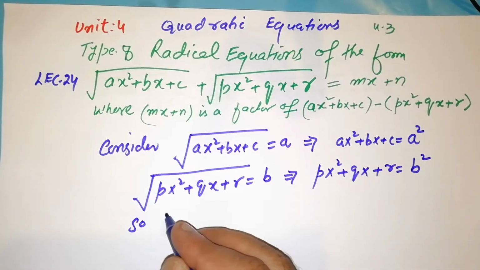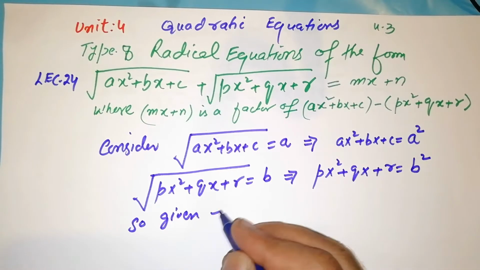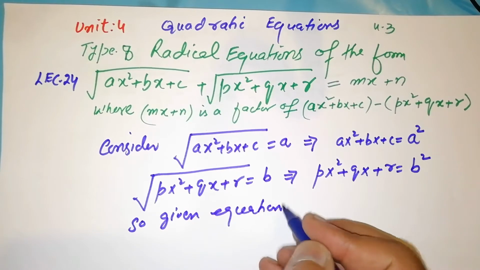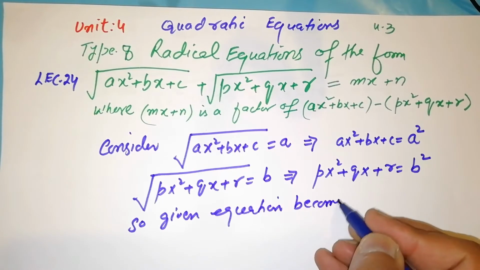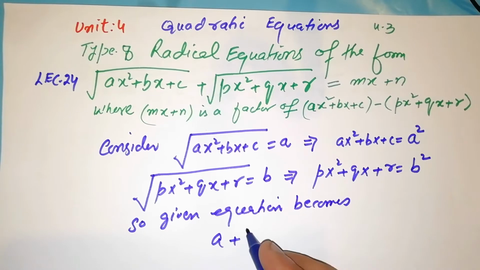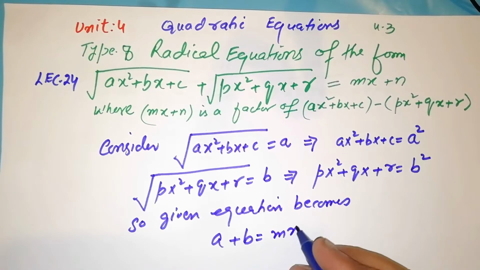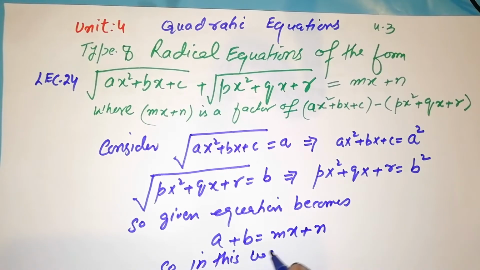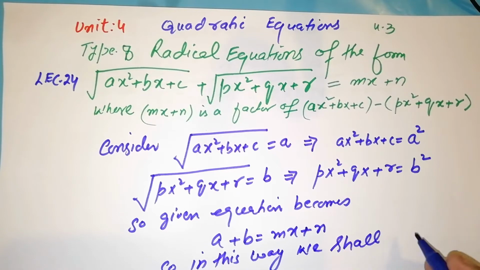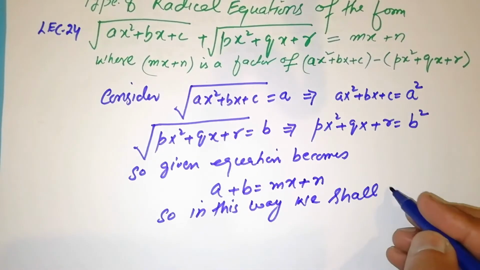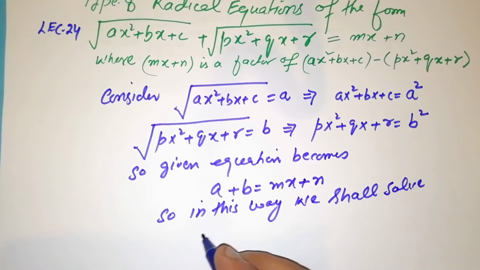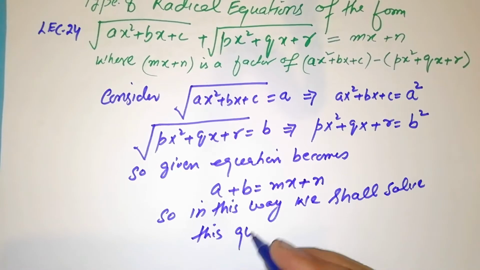So the given equation becomes A plus B is equal to mx plus n. So in this way we shall solve this question.